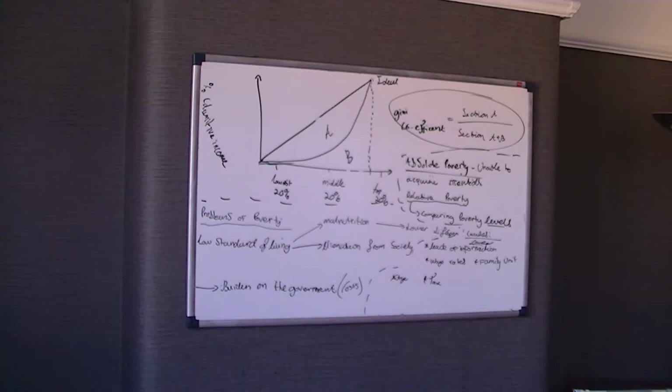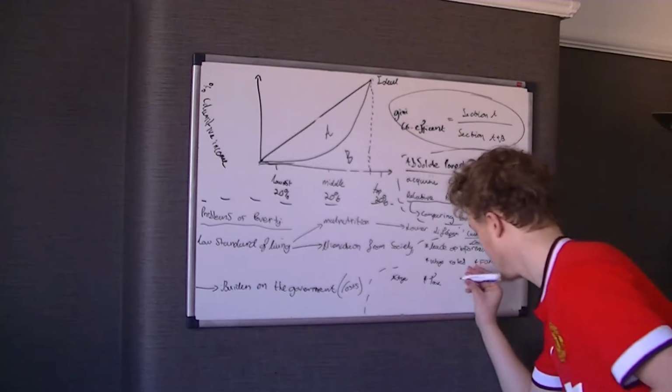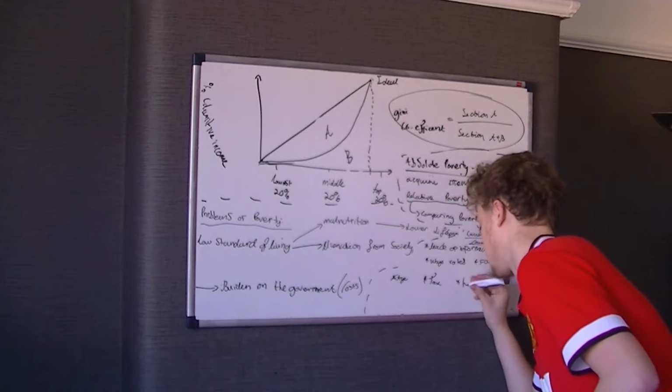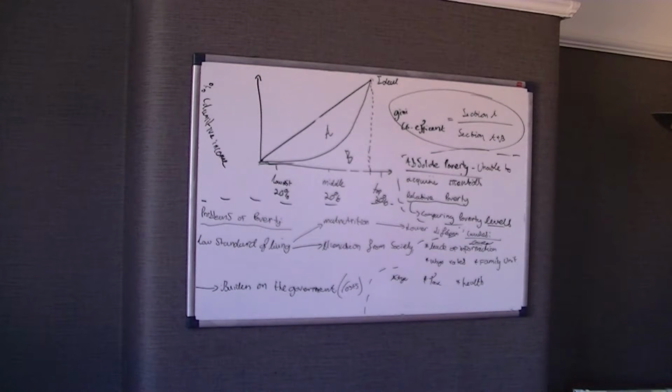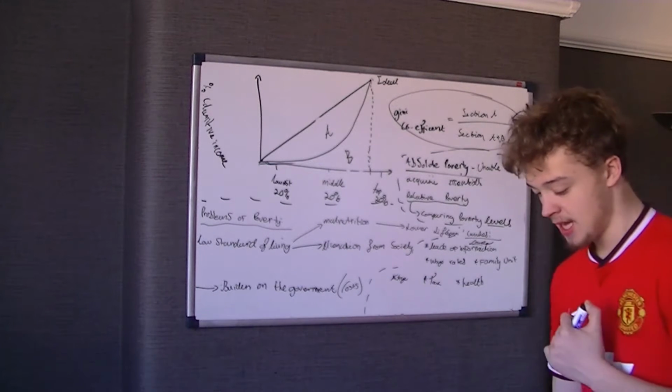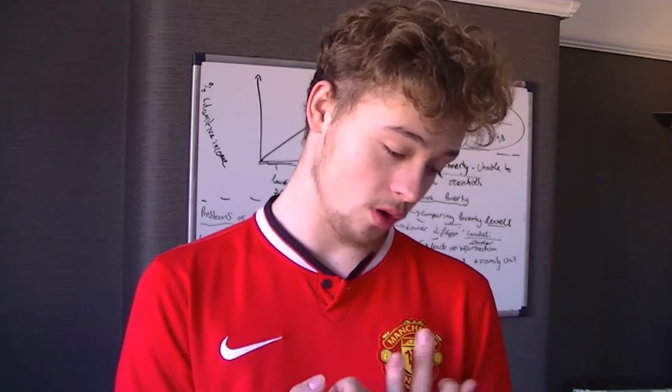Alright, the next one is health. Now, we're not talking about taking a sick day off work and that causing you to be in poverty, although that definitely doesn't help. What we're talking about here is more long-term illnesses, maybe disabilities or long-term sickness, something that prevents someone from working. All this is related to the income that someone receives.